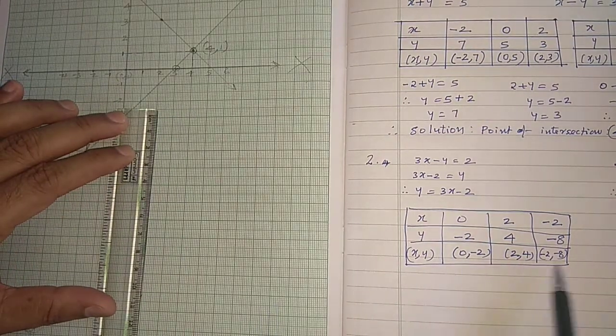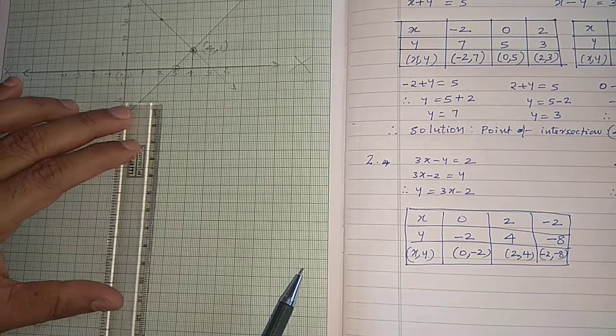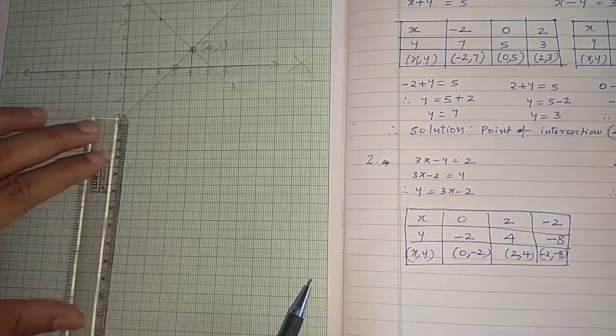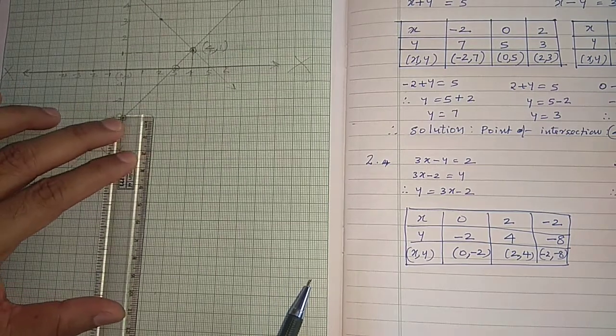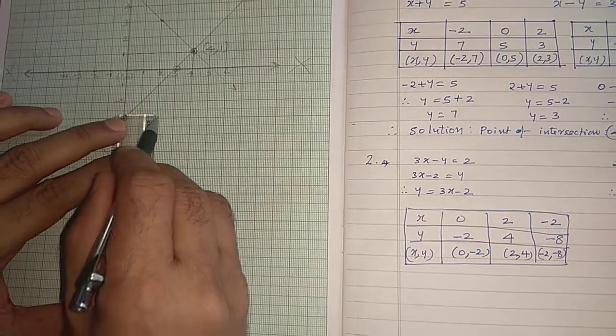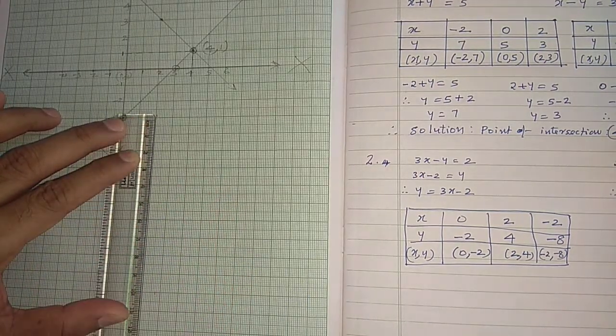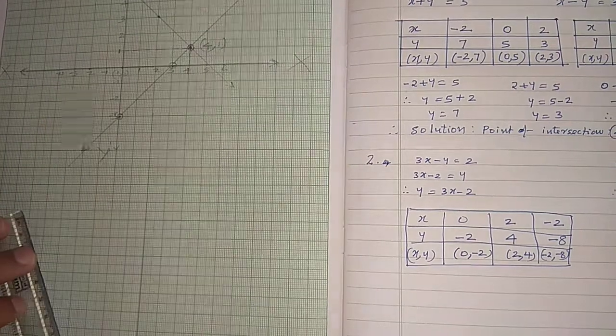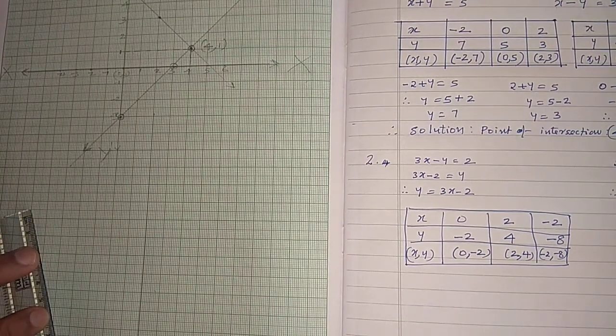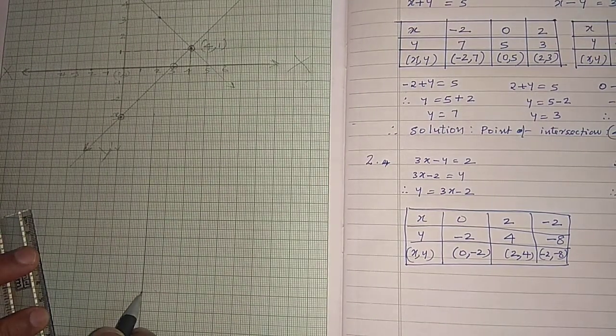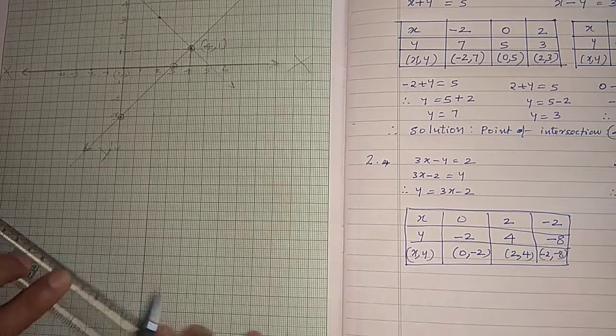And x is 2 only. So we take from here. Minus 8 means here 1, 2, 3, 4, 5, 6, 7, 8. Here we draw the line.